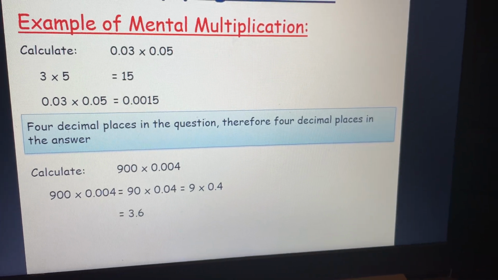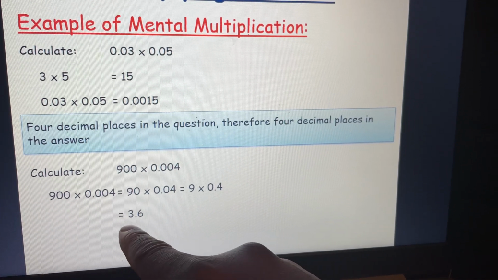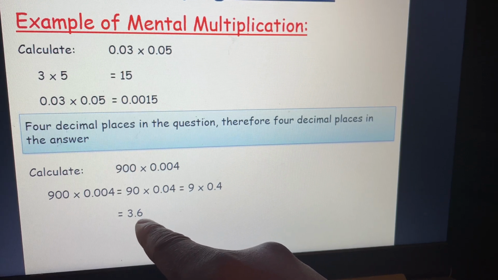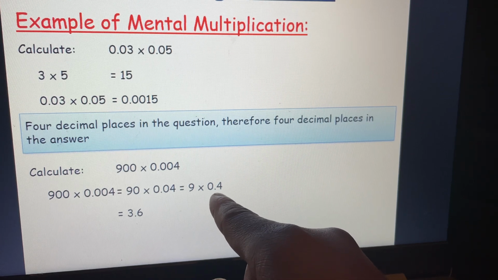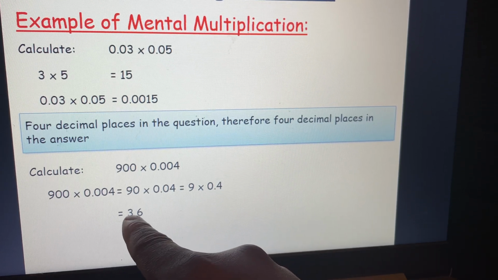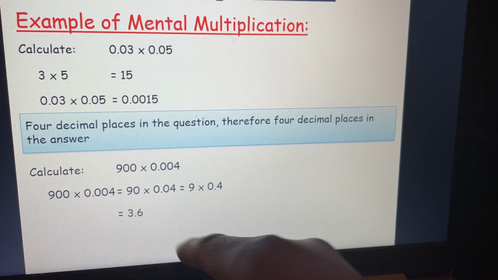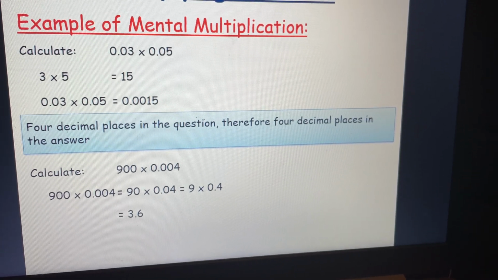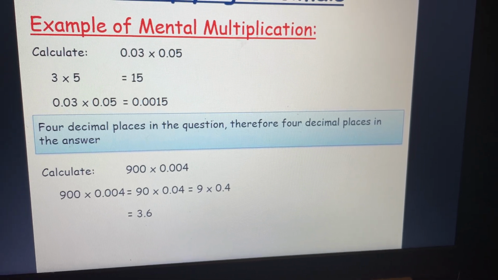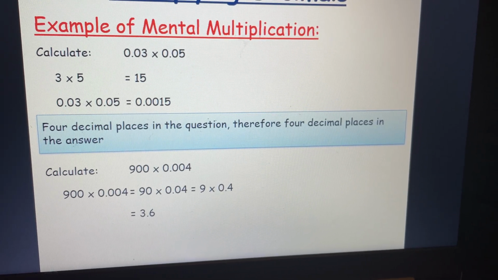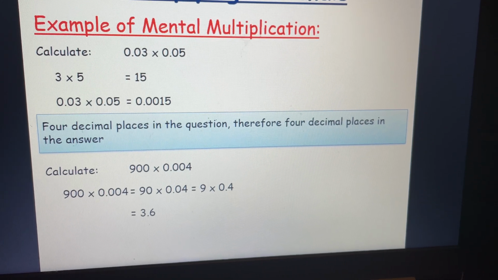So the overall answer would be 3.6 instead of 36, because remember, the number of digits behind the decimal point initially before you multiply was 1. So the answer should have 1 number behind the decimal point. That's the final answer. And that's how you multiply decimals without using a calculator.